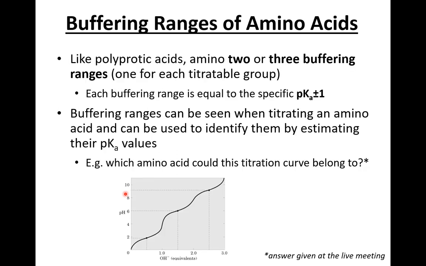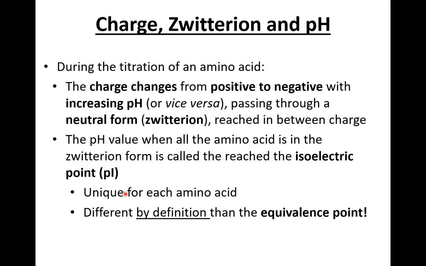Together with that, you can also use the equivalence point, and this is something that will be explained to you by your instructor in the lab. So all of them have different buffering ranges corresponding to the pKa of each group that they have, plus minus 1.